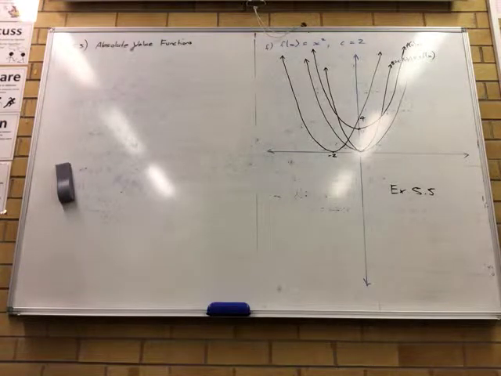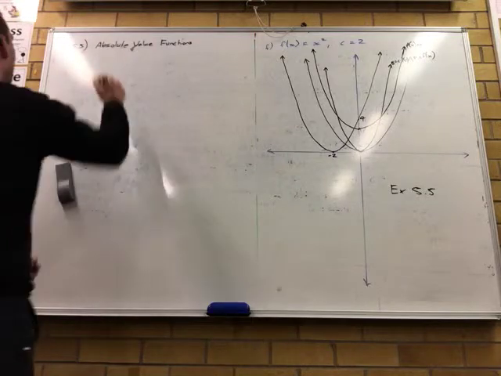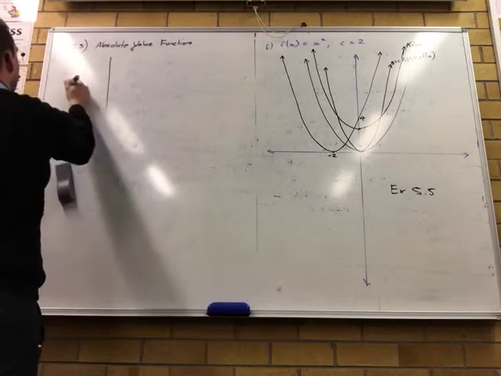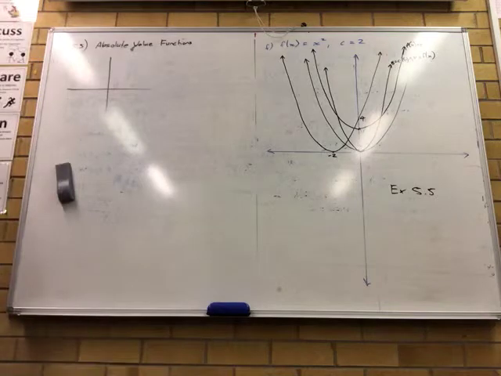Okay, so we take the typical one, f of x is the absolute value of x. Any part of the function below the x-axis is reflected about the x-axis, so that the graph only has positives or zeros as its y values. What I mean by that, I'm going to do a rough sketch now, because I'm not asking you to sketch.